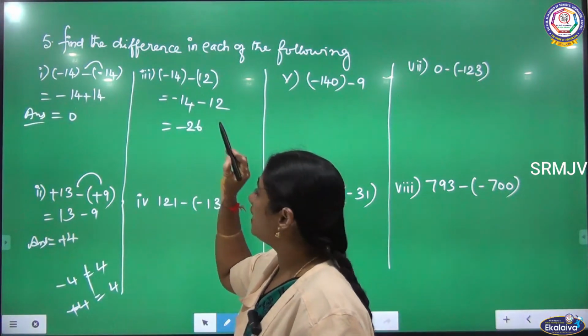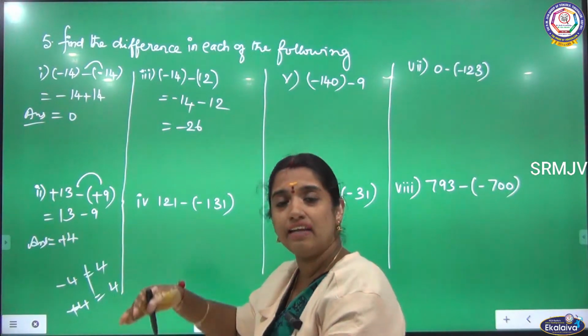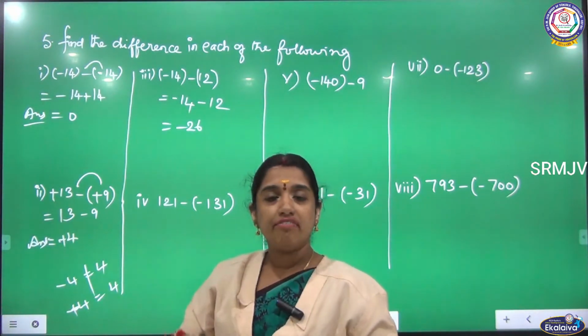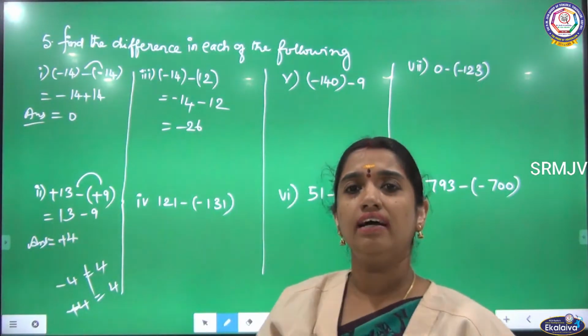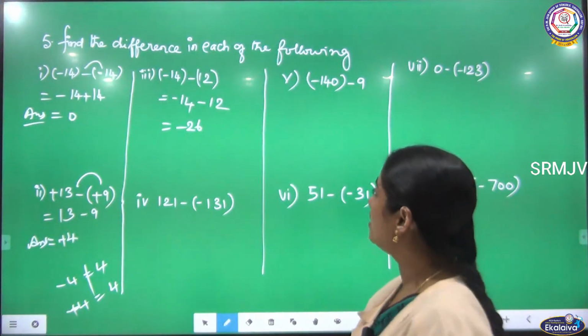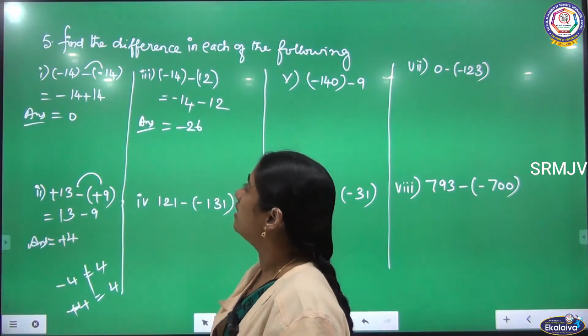Put that sign. When I add two positive integers, add and put the positive sign. If I add two negative integers, add and then put the negative sign. Is it clear, children? So minus 26 is your answer.